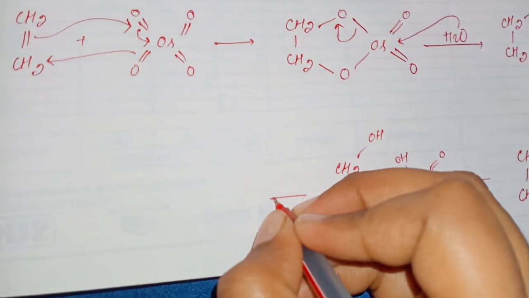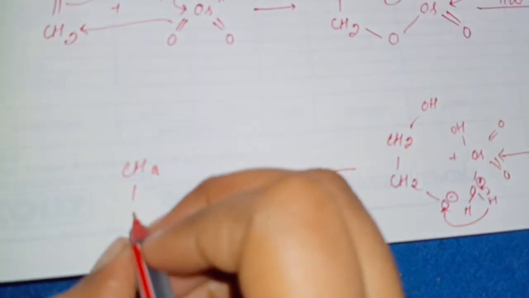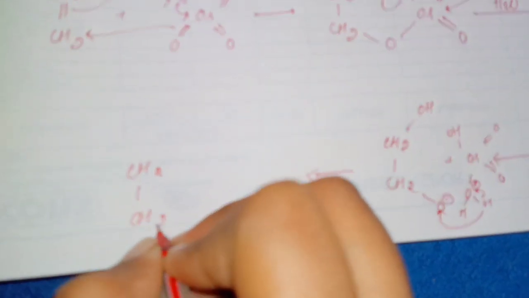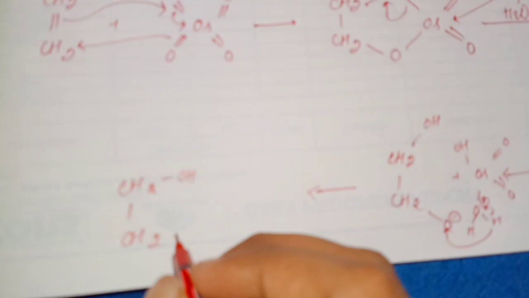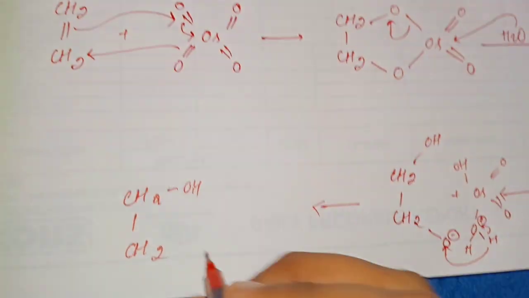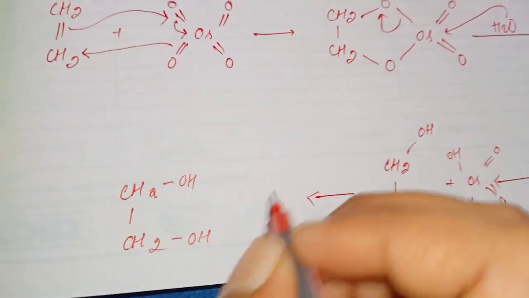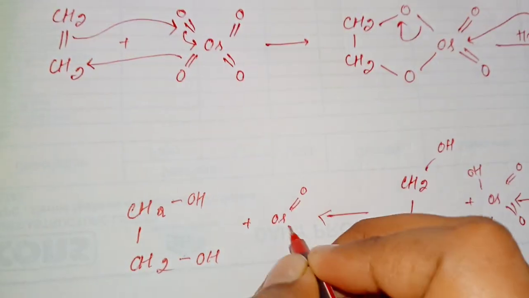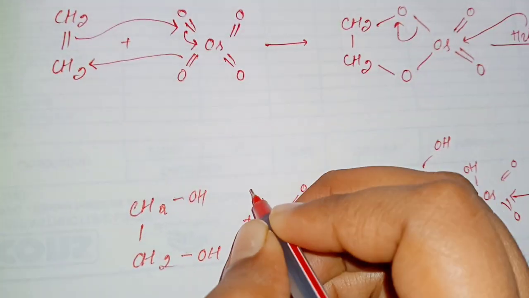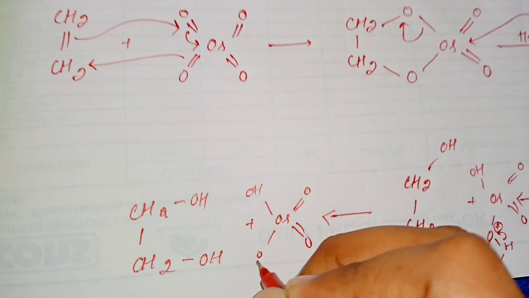So here we will get CH2-CH2, OH, OH, plus osmium double bond O, OH, OH.